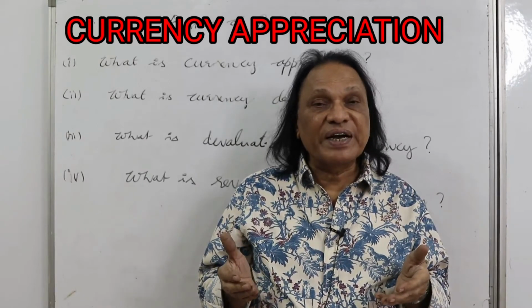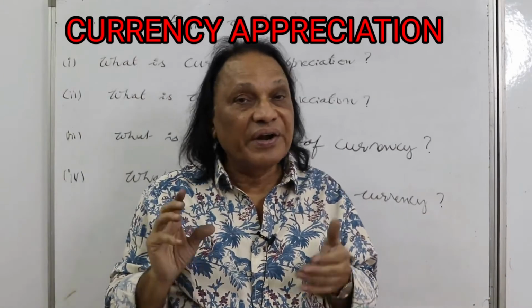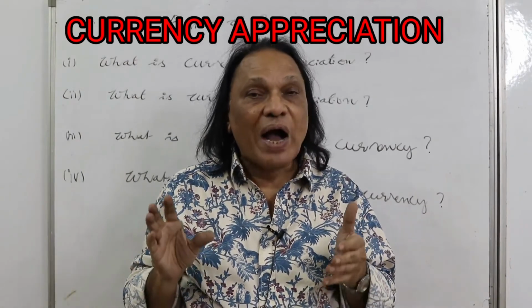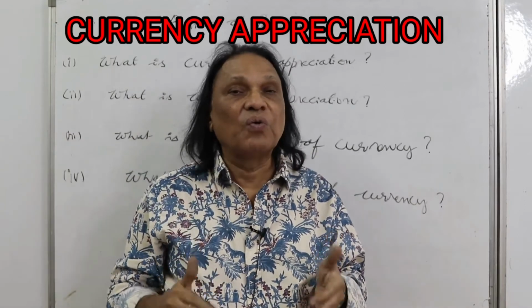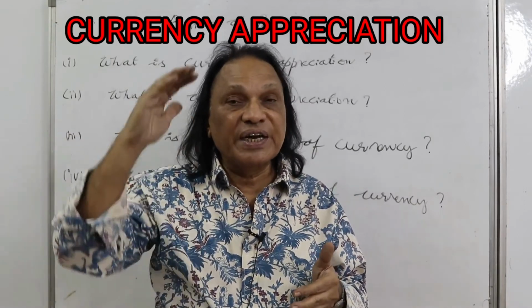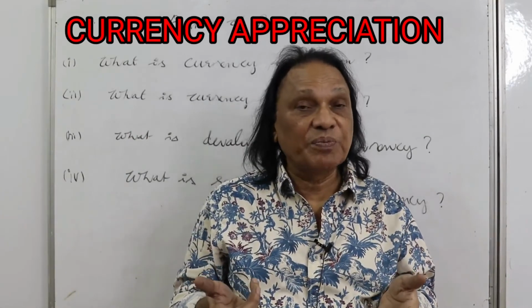If the demand for foreign exchange is high, the foreign exchange rate will go up. If the demand for foreign exchange is low, the foreign exchange rate will come down. I told you the analogy and the logic behind it.